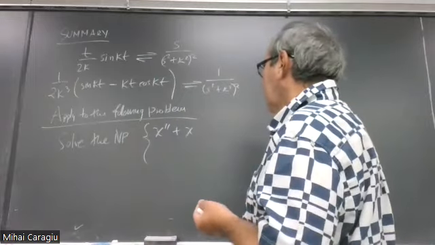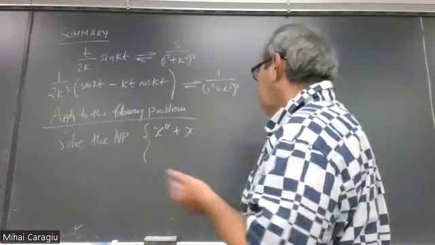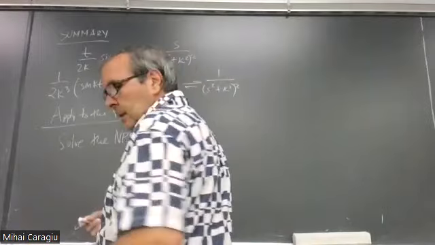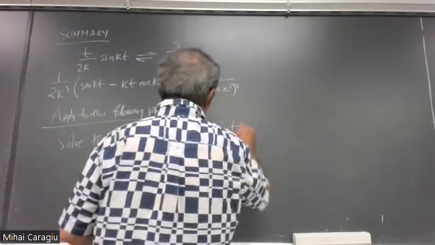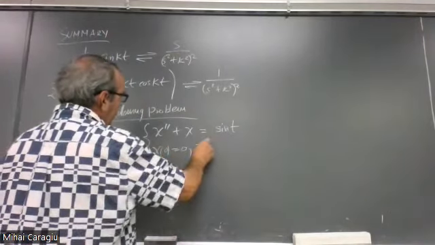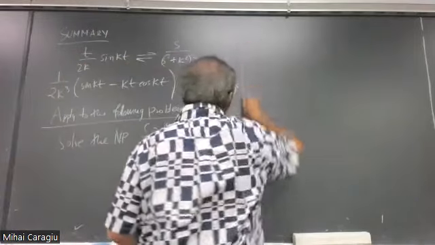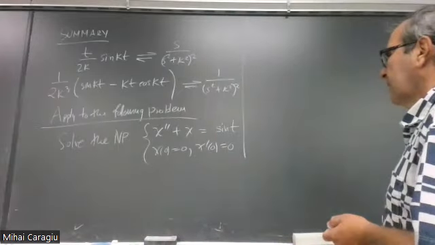The meaning of t is very close to engineering, t being the time and x being the displacement. So x second plus x equals, let's do this one, sine t. Let's put the initial conditions, x of 0 equals 0, x prime of 0 equals 0. Which are particularly easy initial conditions because the transform derivatives are pretty much straightforward.